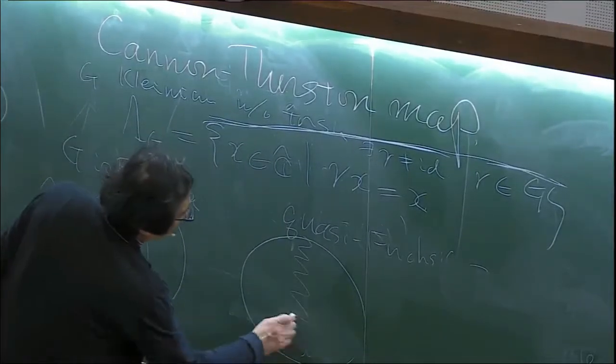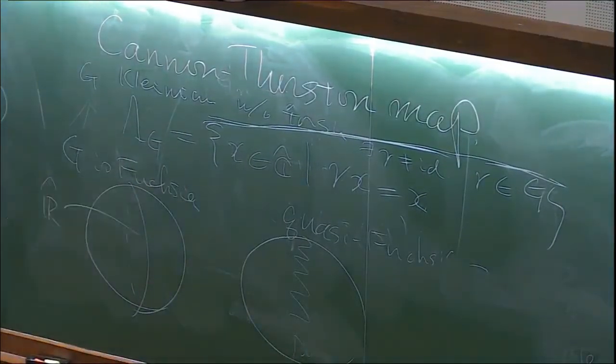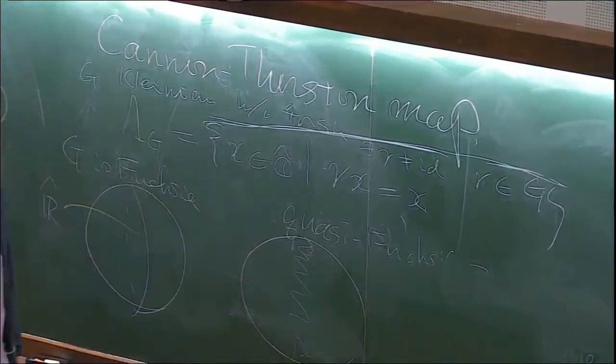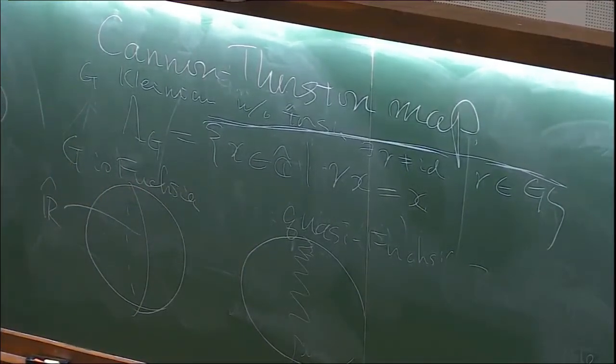It must be a Jordan curve because it's a homeomorphic image of this curve. But it's known that this is a very non-differentiable kind of curve, something like a fractal.